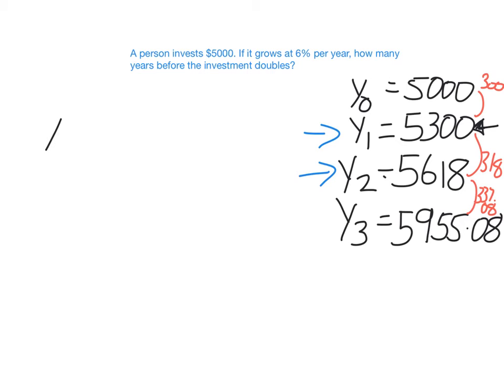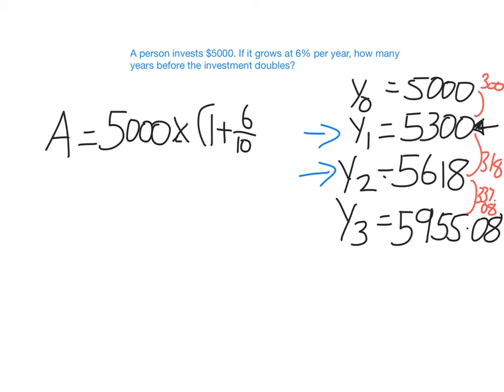So this is the way that you build up equations like this. So I'm going to call A the amount that's in the account. So he started off with 5,000. Now what I'm doing is I am increasing this by 6% per year. So you probably learned this in year 9 when you were doing percentages, percentage increase and decrease. The way you increase something is by multiplying by 1 plus 6 over 100.